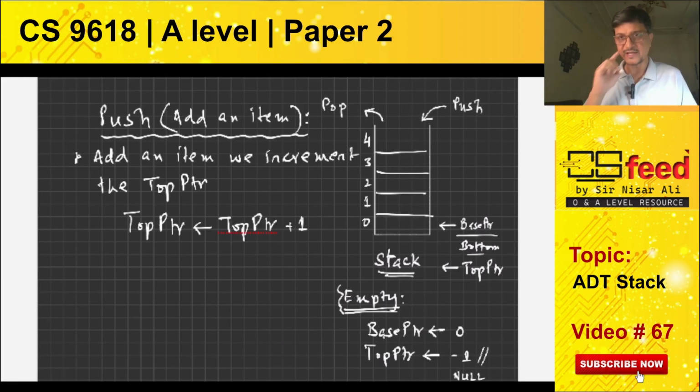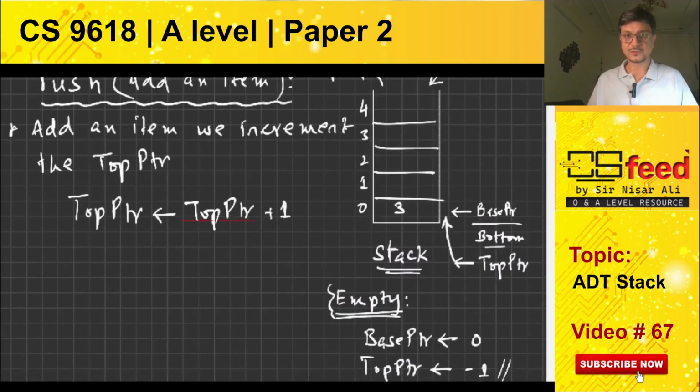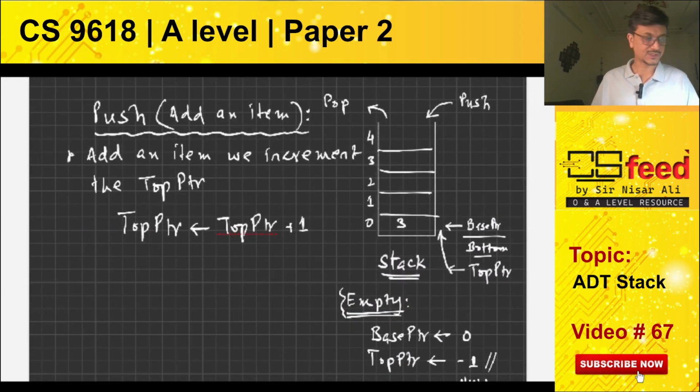So we'll add 1 into it. So if it is -1, it becomes, for example, if a first value comes here, the top pointer will become like the first push is done. Now the top pointer will be pointing to this first element. Okay, this is how the top pointer is incremented. Push is done.